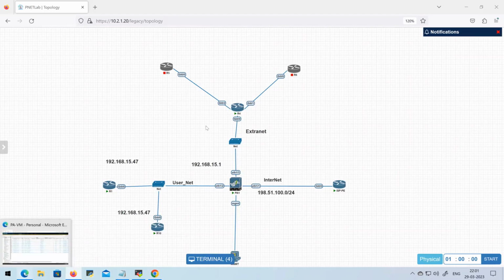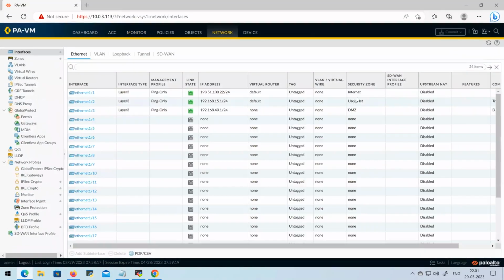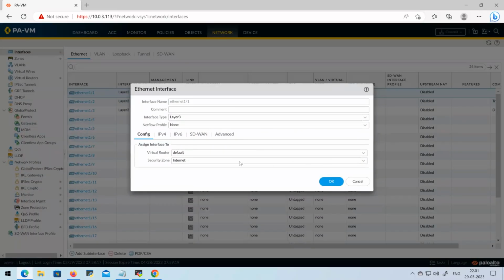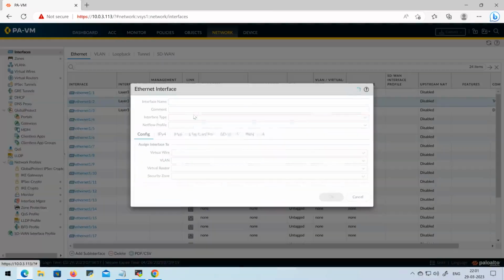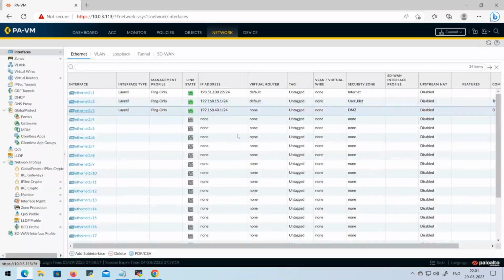We checked every interface, the management is there. Why is it not there? Advanced, ping only, yeah. It was there everywhere. It should be ping, sir.